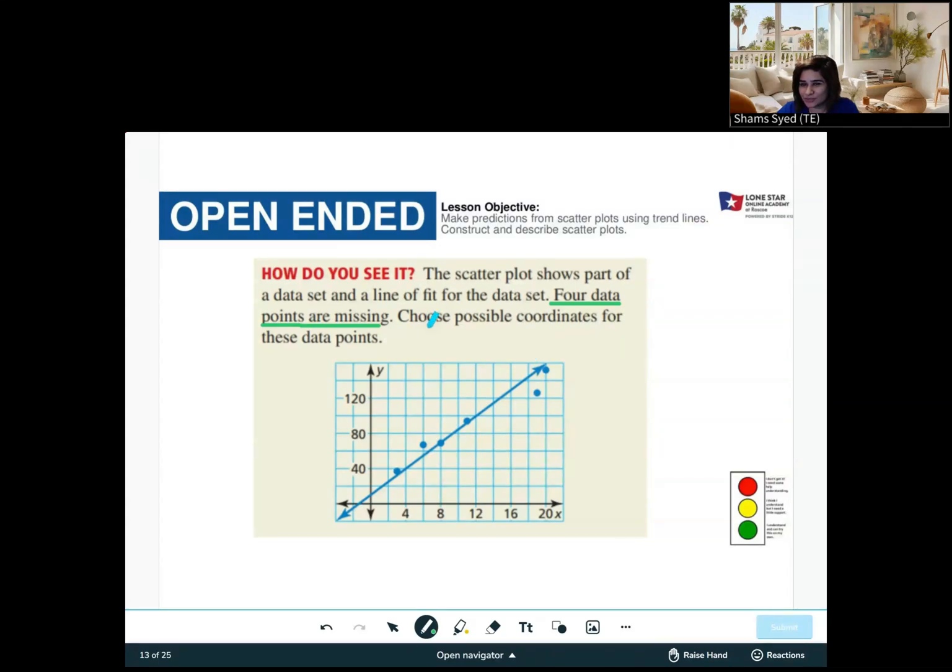You will choose possible coordinates for those data points. I will allow only two minutes. Your two-minute timer to graph the four missing points starts now.